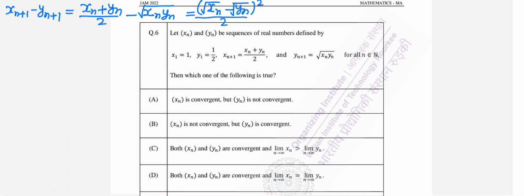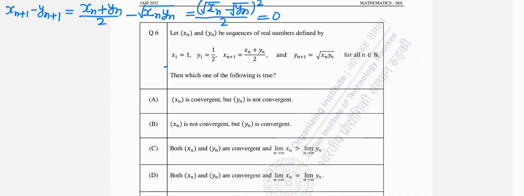And you know this is either 0 or positive, but we cannot take it to be 0, because if you take this equal to 0 then all the terms will be equal, that is, all corresponding terms will be equal. This means that x n equals y n, which means that x1 will be equal to y1.